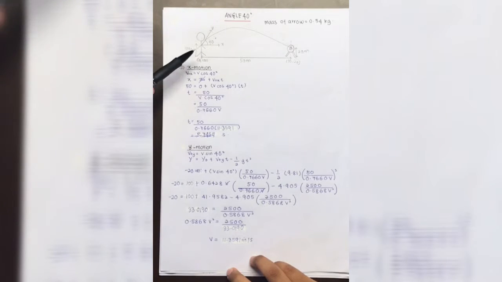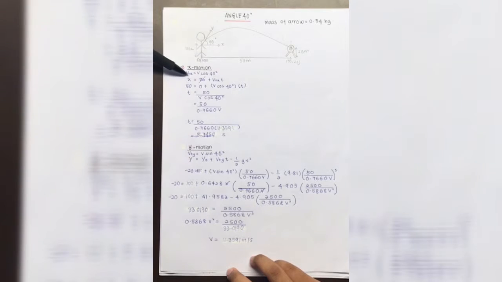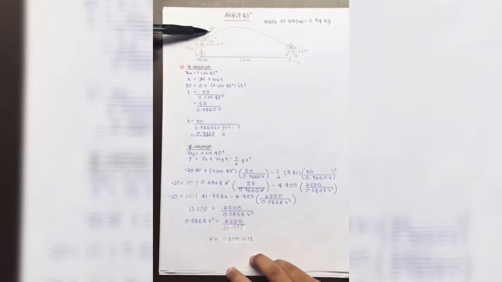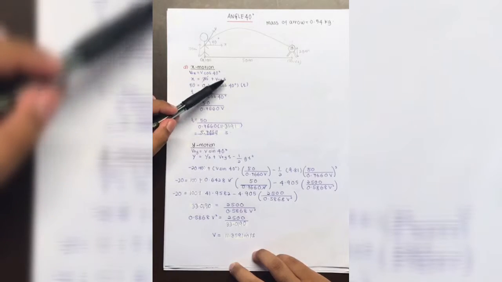First, we do the x motion. For x motion, we know that v naught x equals v cos 40, because the angle is between x and v. So, x equals x naught plus v naught x t.